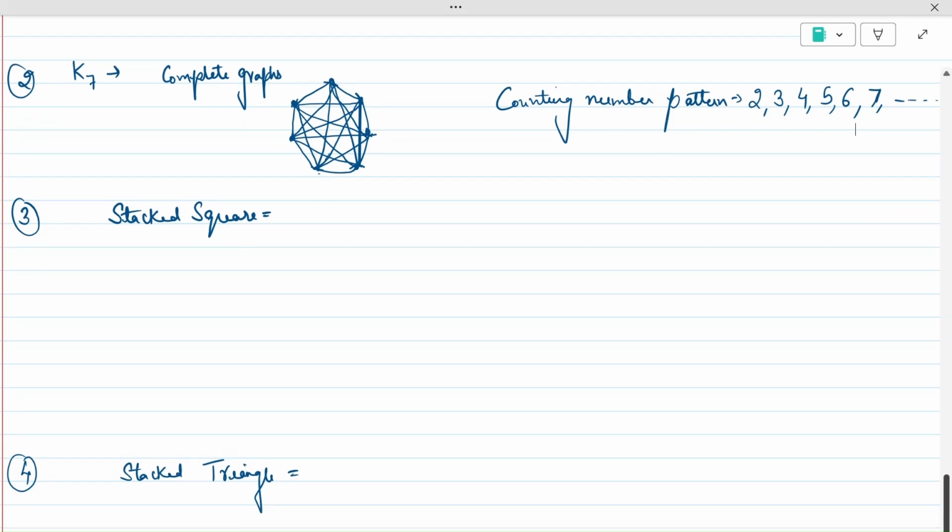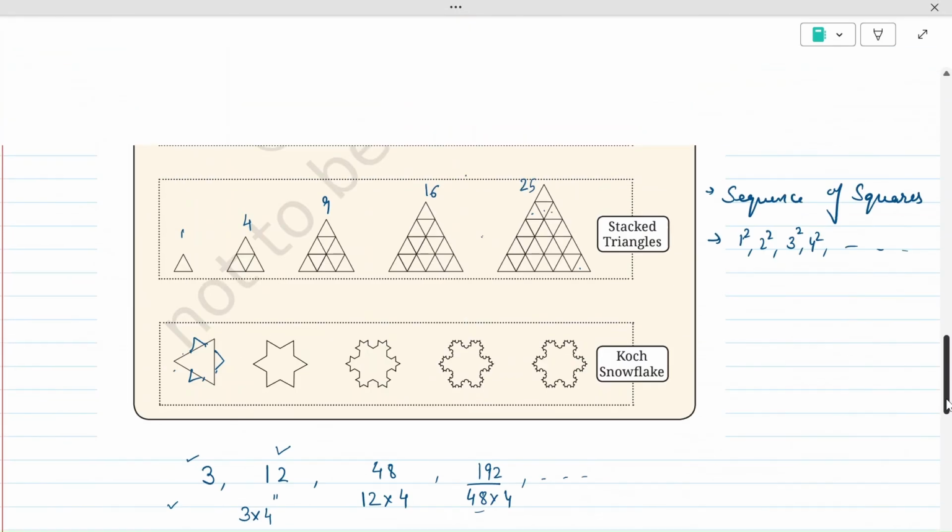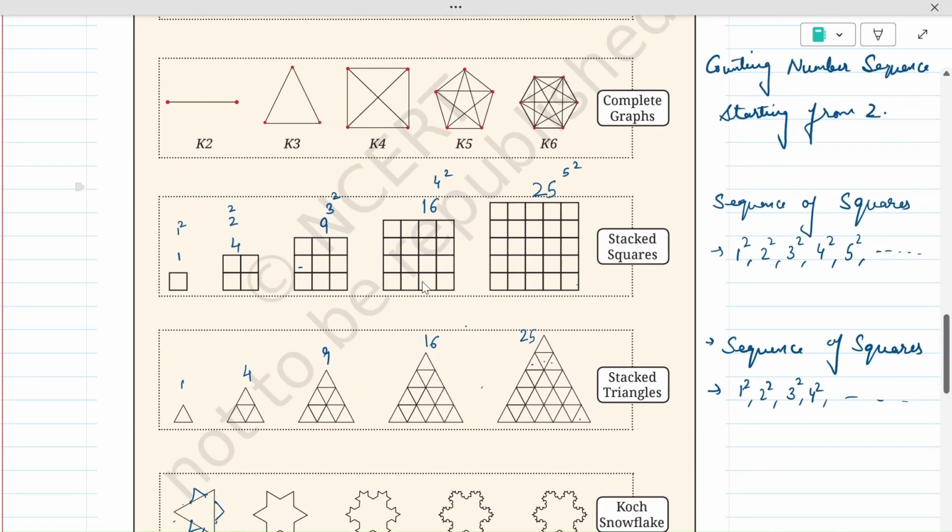So kids, in the figure which is given to us in this table, we have the last stacked square of 25 squared figure. So this particular big square has 25 small squares stacked. So next one will be a 36 stacked square figure.